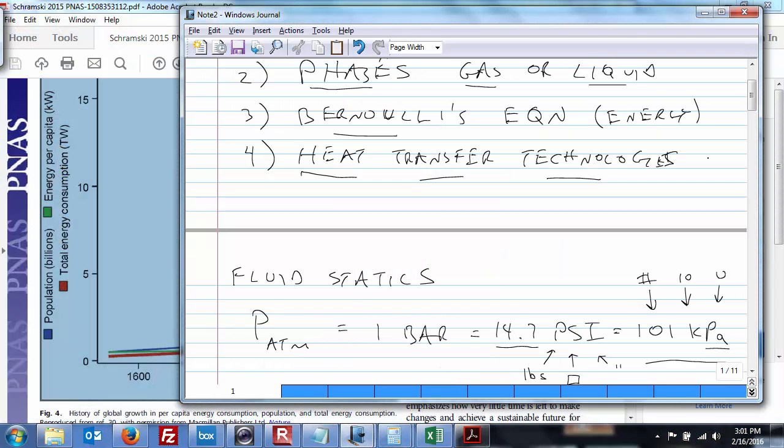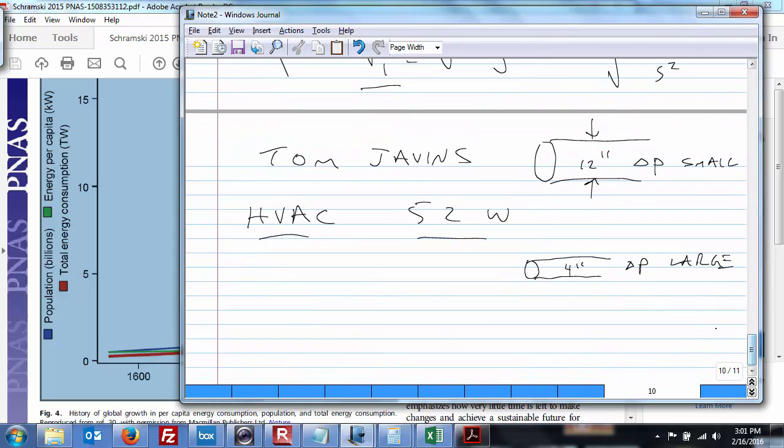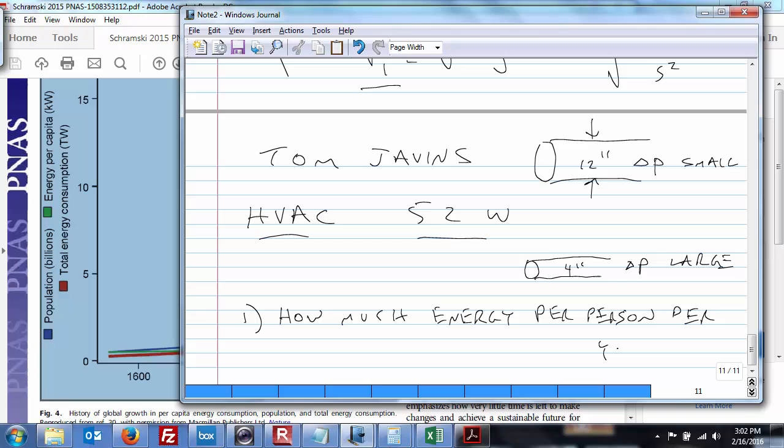But what I want you to do is this. The problem I want you to figure out is, well, there's two problems. Here's the first one. How much energy per person per year?